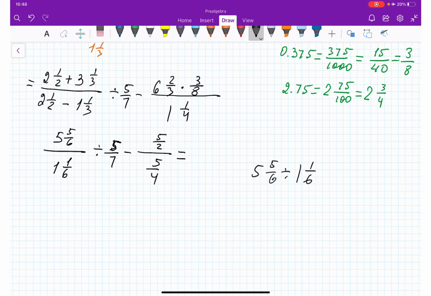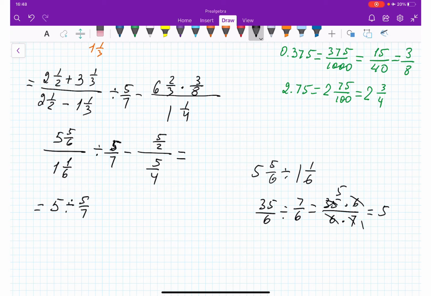What are we getting? 5 times 6 is 30, 35 over 6, and divided by 1 and 1/6 is going to be 1 times 6 is 6 plus 1, 7 over 6. This is equal 35 over 6 times 6 over 7. This is gone. 35 by 7 is 5. So the result is 5. And we are getting here 5 dividing by 5 over 7, right?